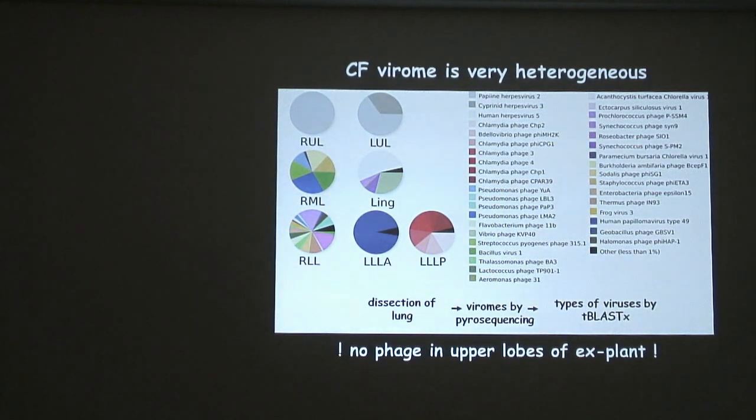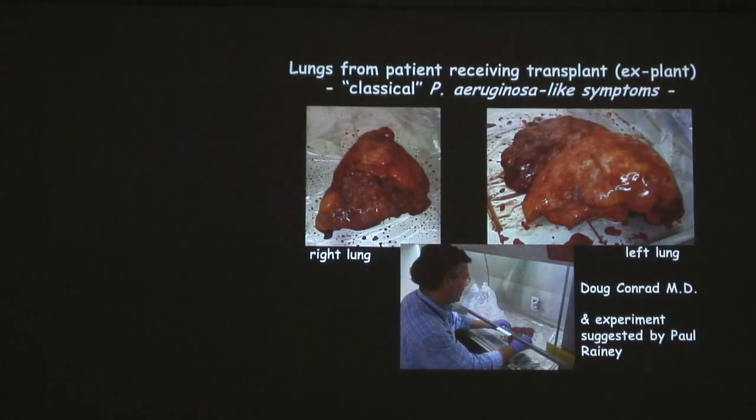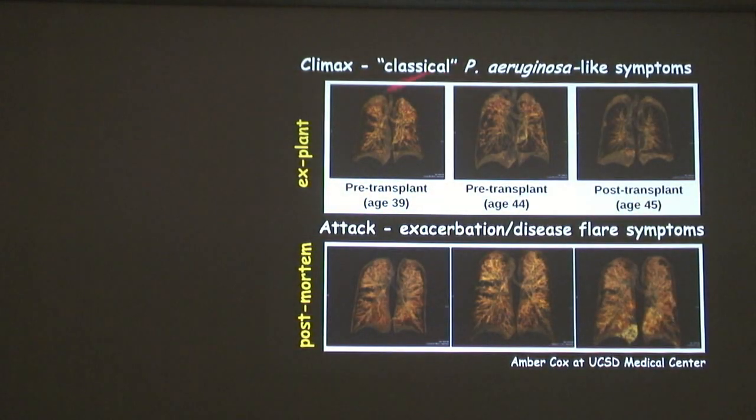But when we go in and start looking at the viral communities, we see very big differences. And this is actually one of the weirdest things we've ever observed. So in those upper airways, let me flip back. Okay, here we're looking at the viruses.